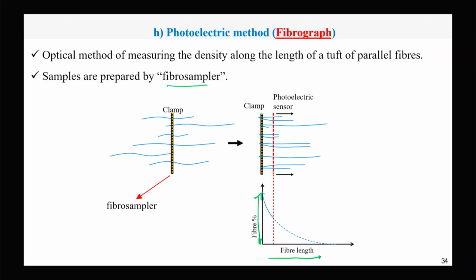So at the starting point, at the point of clamp, 100% fibers are there. This is called fibrogram. The diagram which we obtain from the fibrograph, which is the instrument, is the fibrogram, the plot.